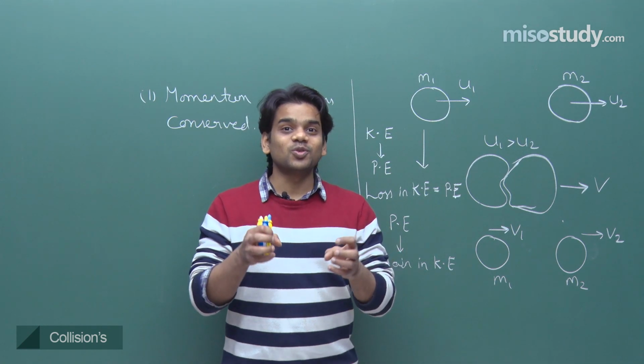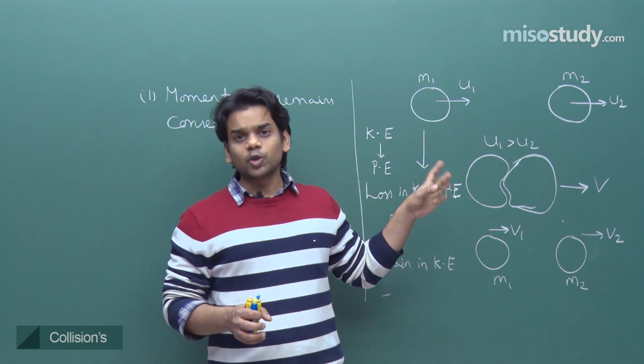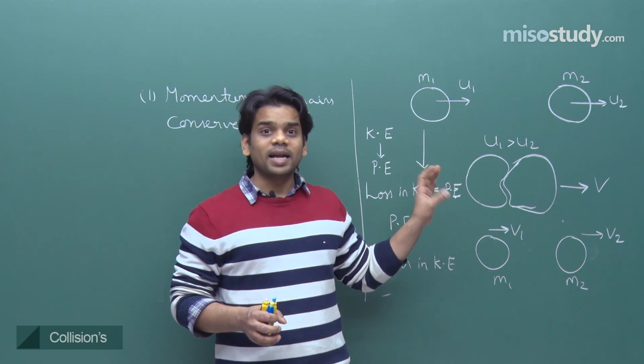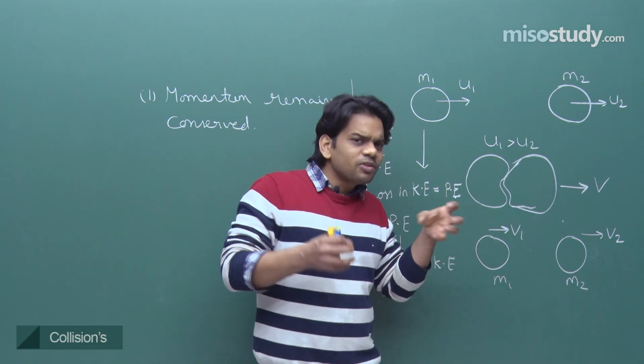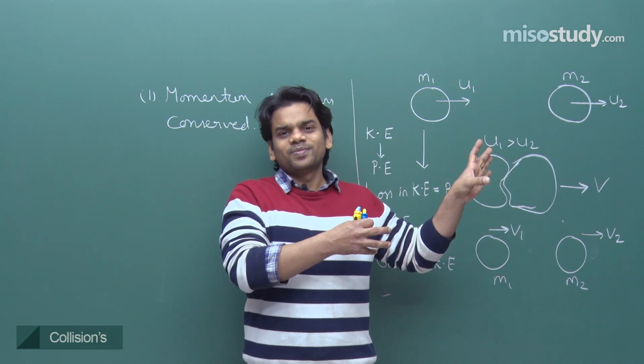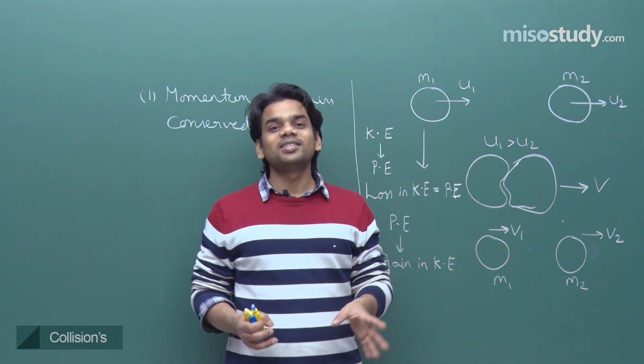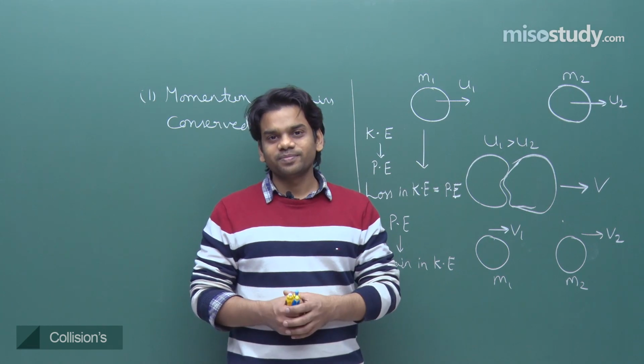And if some potential energy is stored in the object, that means some kinetic energy is lost. Although we are not talking about the maximum case, some kinetic energy is lost and some potential energy will still remain in both the objects. They will get separated and move separately. Such kind of collision is known as partially elastic collision.